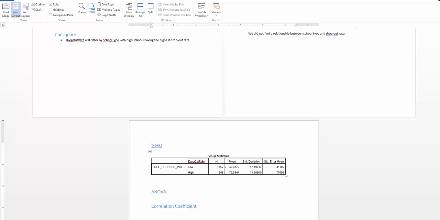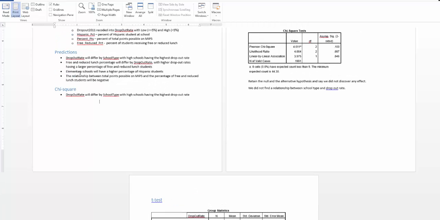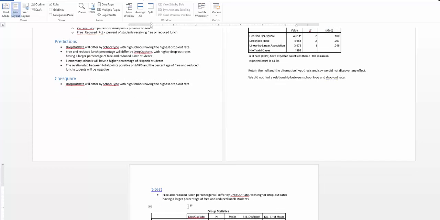Note that there are a lot more low dropout rate schools than high, but that the high dropout rate schools have a very high percentage of free and reduced lunch. So before we do our t-test, we'll copy our prediction. Paste it there.